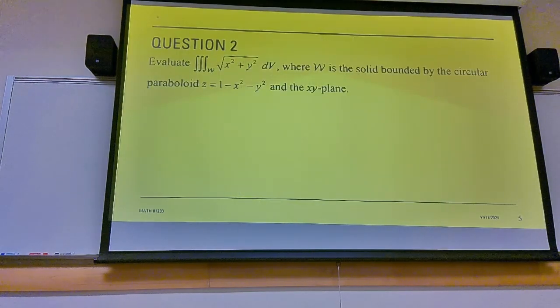No more nice guy. So we want to evaluate the integral of the square root of x squared plus y squared over the solid bounded by the circular paraboloid z equals 1 minus x squared minus y squared and the xy plane.